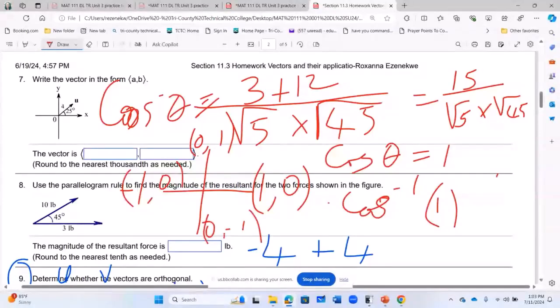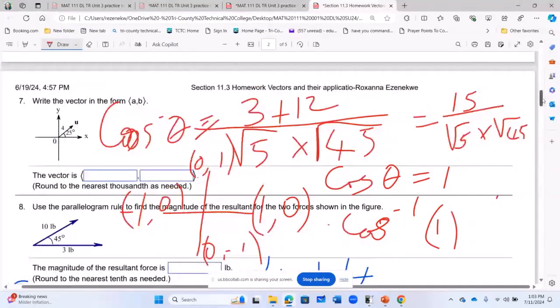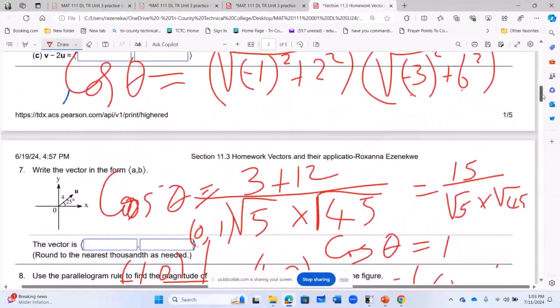Okay, and so cos inverse of 1 is 0. Therefore, the angle between them, let's just make sure this is right.